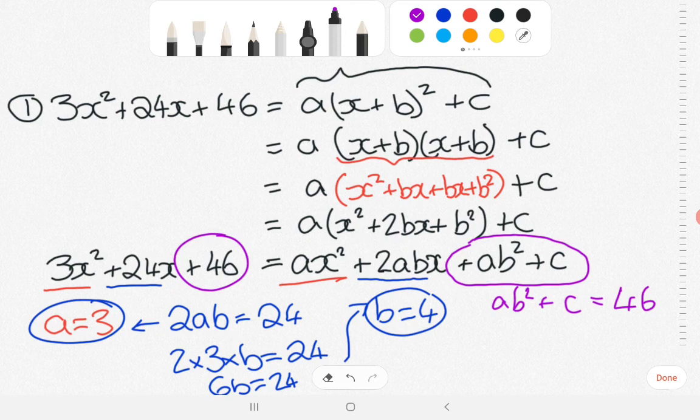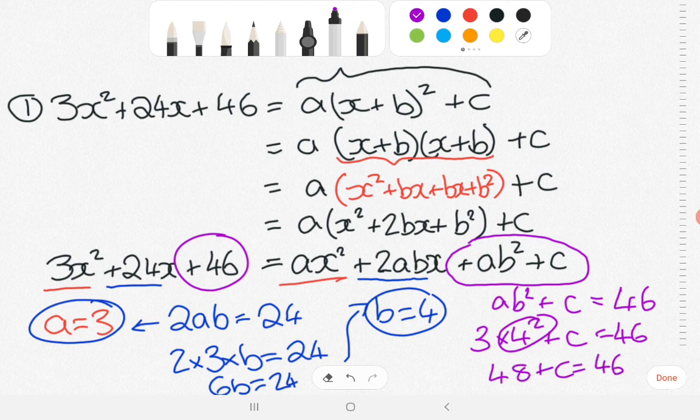So a is 3, b is 4, so I've got 3 times 4 squared plus c equals 46. We're working out what c is. 4 squared is 16. 3 16s are 48, so I've got 48 plus c is 46. So that means that c is negative 2.